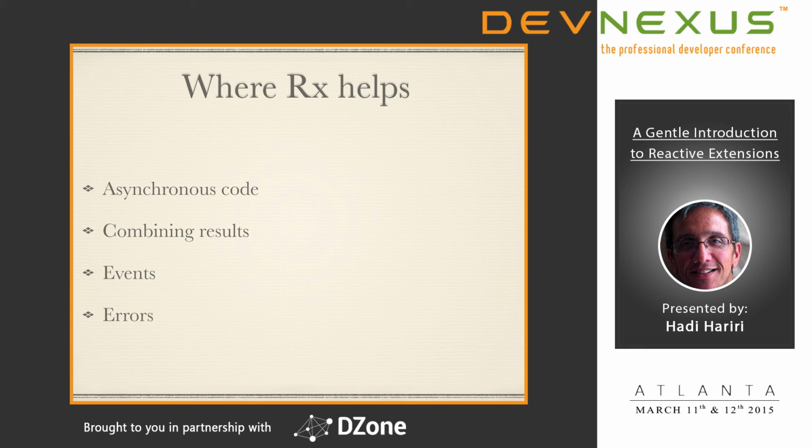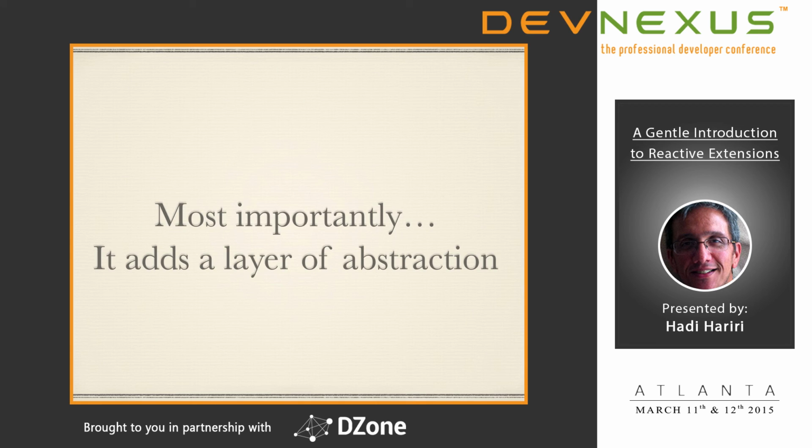Asynchronous code, this is where it helps. It helps in combining results. It helps when you're dealing with events. It helps with errors. It tries to make the whole error handling much easier. Most importantly, and I think this is the most important aspect, it adds a layer of abstraction. If you were in my talk this morning when I was talking about functional programming, I said functional programming elevates functions to being the primitive building block.